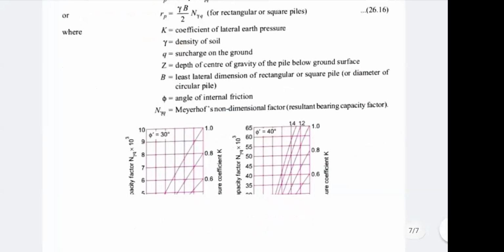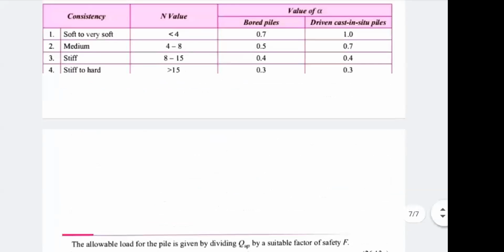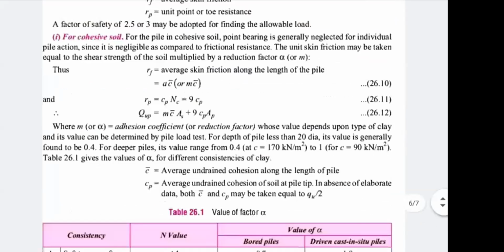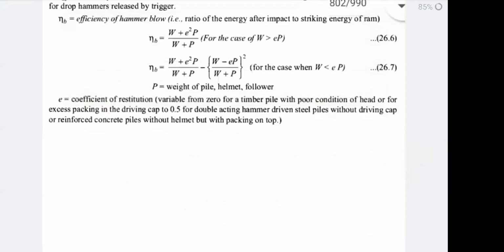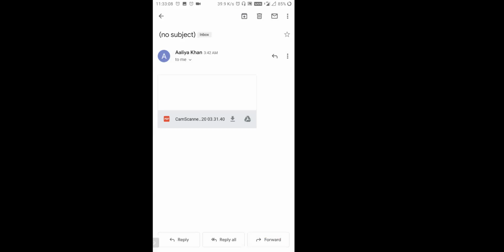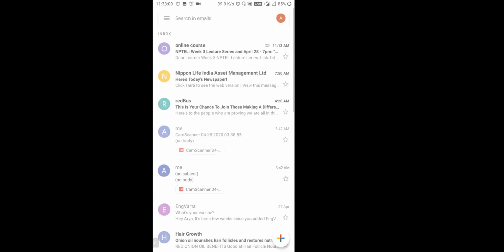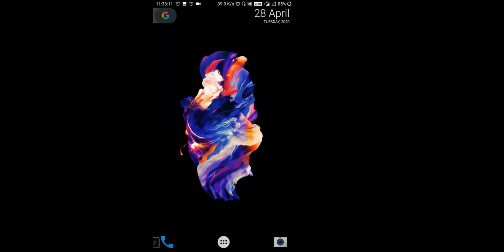And also you should practice solving these static formulae from your exam point of view. So I hope you are getting what I am saying, and the rest of the part we will see in the next lecture. I hope you understand how to deal with the load carrying capacity of your soil. Okay, so students, are you getting this?